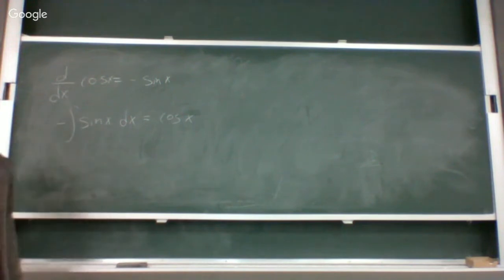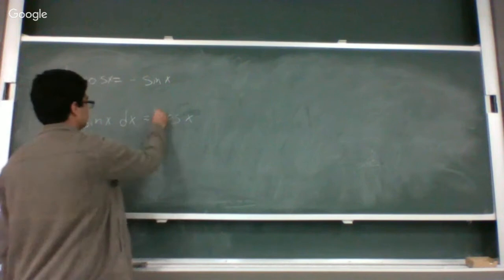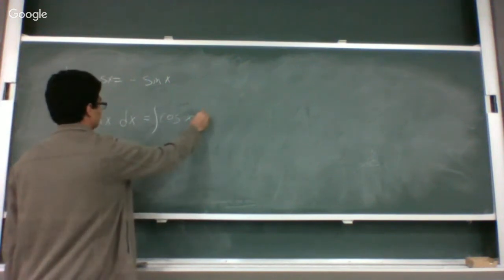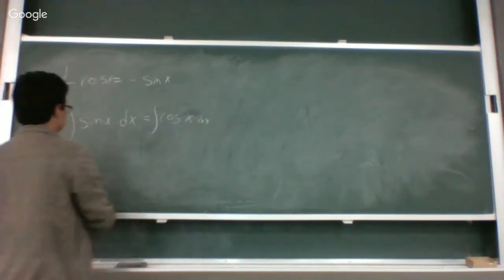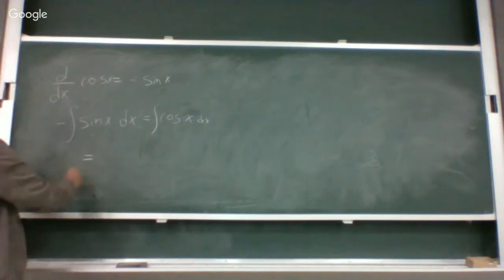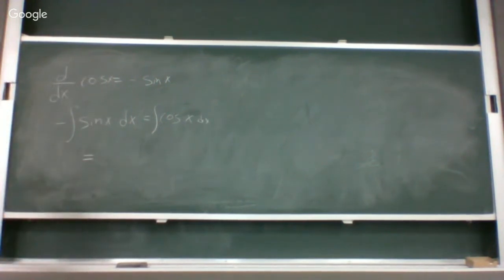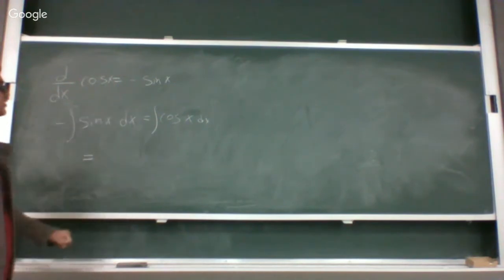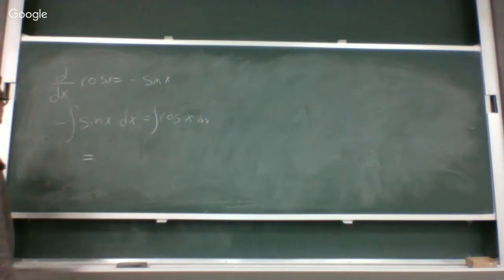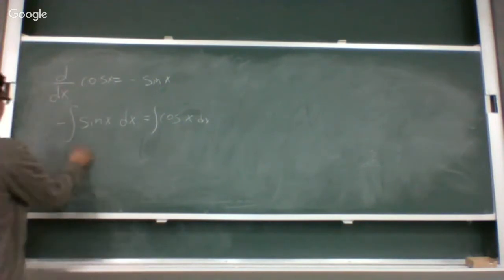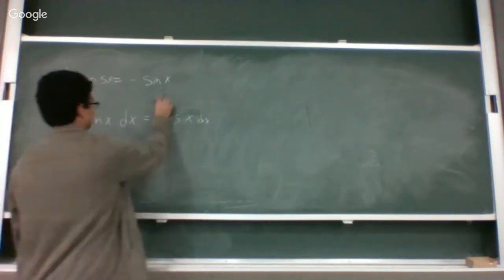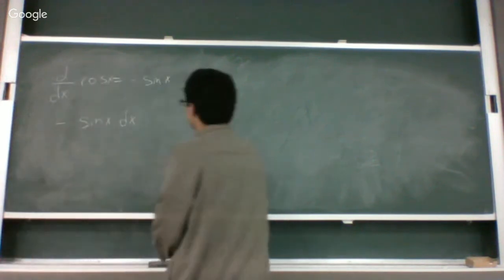The integral of it, when we do the integral, is the integral of cosine. What's the integral of cosine? This is going backwards to sine. Before we do that, let me just show it.